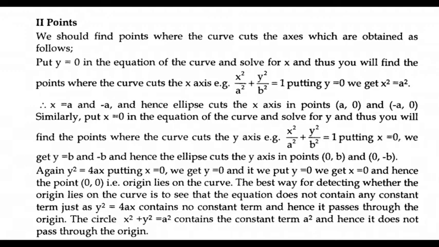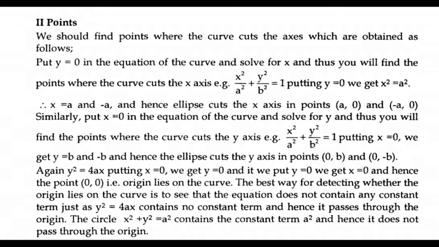And one more way for detecting whether the origin lies on the curve or not: if the equation does not contain any constant term. Just as y square is equal to 4x contains no constant term, hence it passes through the origin. If you see x square plus y square is equal to a square, it contains the constant term a square, hence it does not pass through the origin.